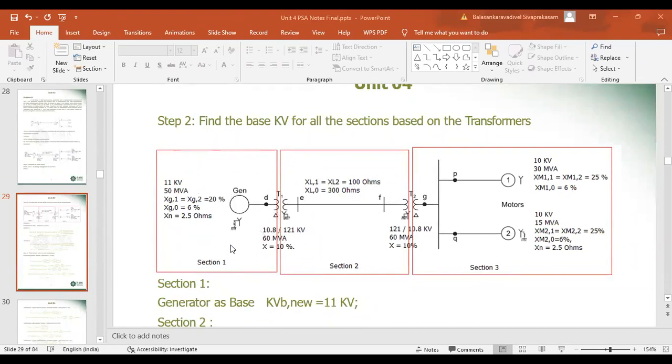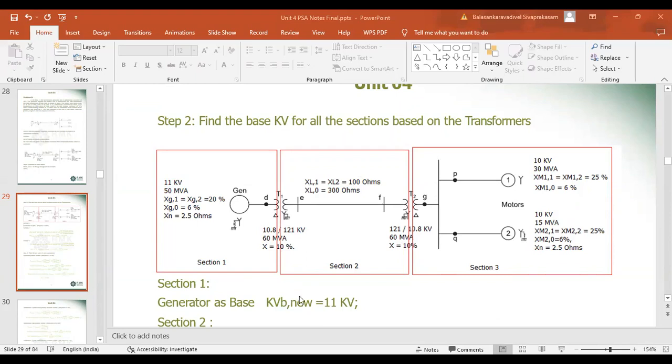This is section 1, from the generator till the transformer primary. From the transformer secondary till the second transformer primary is section 2, and then the transformer secondary and the entire motor sections will be section 3.